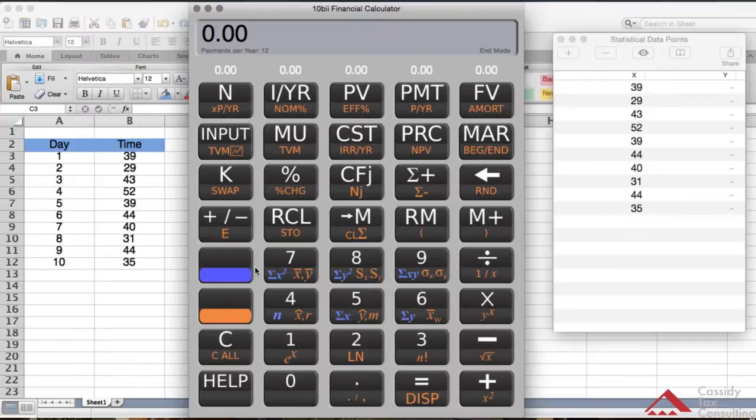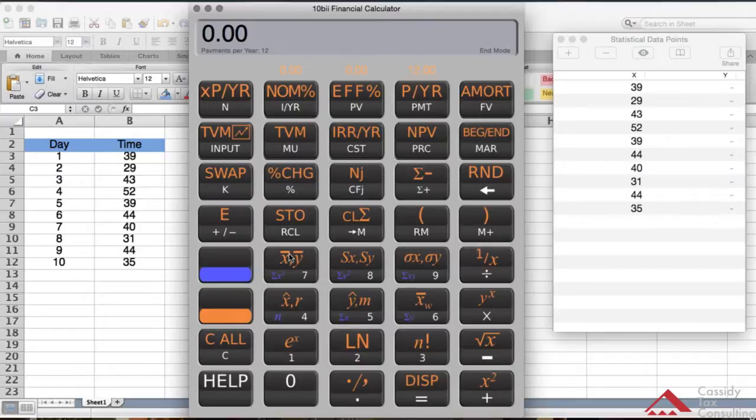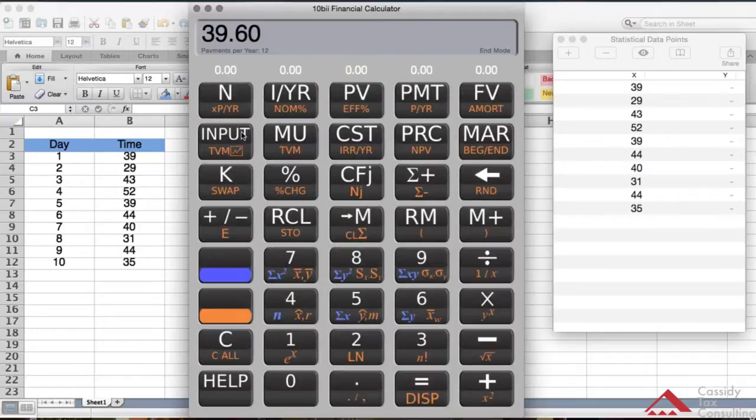From the last video, I showed you how to get the mean: you hit the orange key, then the 7 key on your calculator, and it gives you the mean. So we have the mean here. What we have to do now is get the variance, and it's pretty simple.